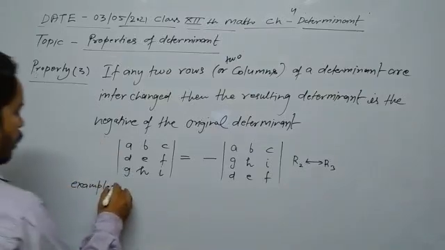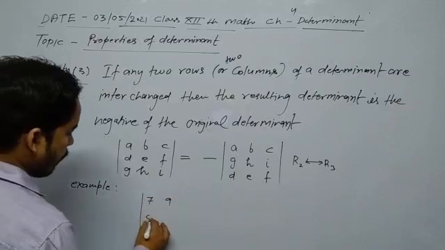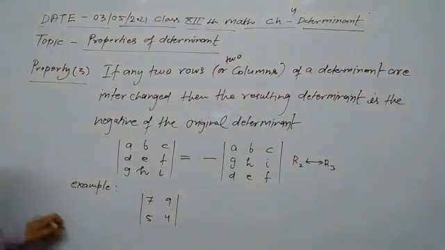Suppose you have to find out the determinant of 7 9 / 5 4.